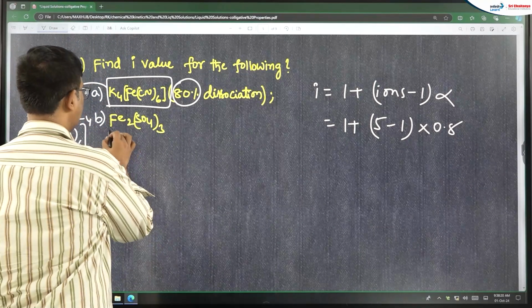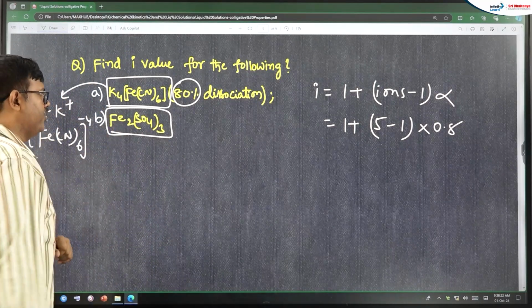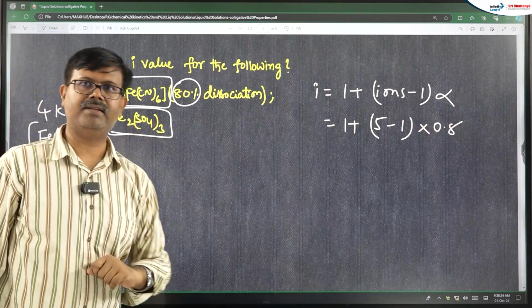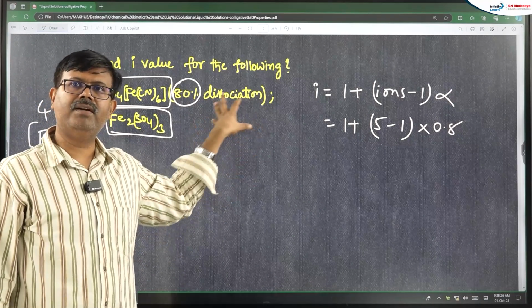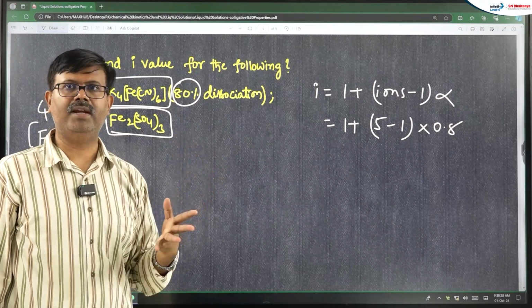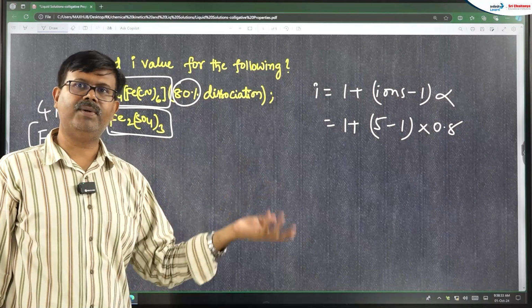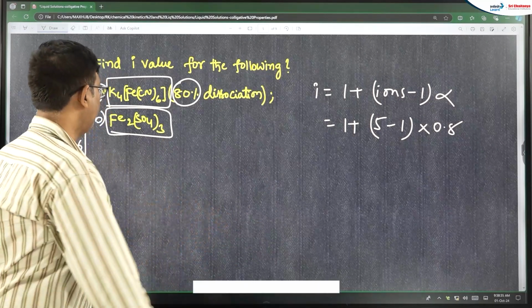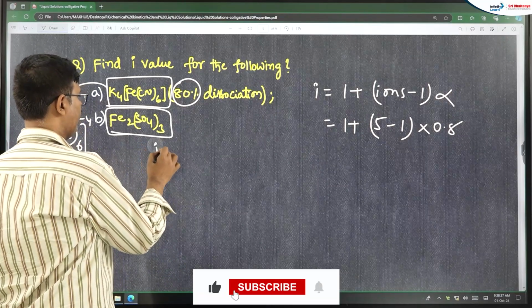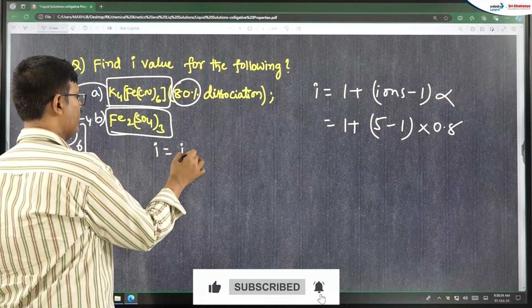Next, look at the second part of the question. Fe2SO4 thrice. Here they have not mentioned what percentage it is dissociating. When they don't mention that, we take 100% dissociation. Therefore, the Van 't Hoff factor is just the number of ions.